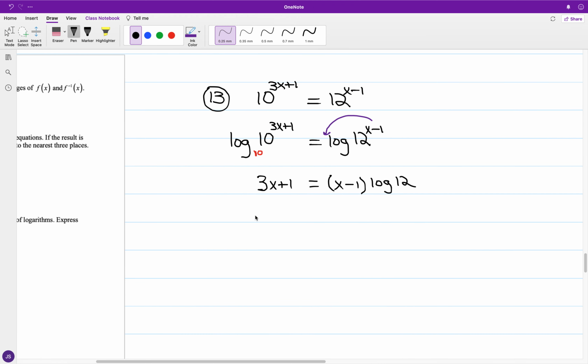And looking at what we have in expanded notation, we have 3x plus 1 is equal to x times the base 10 logarithm of 12, and we have minus the base 10 logarithm of 12.